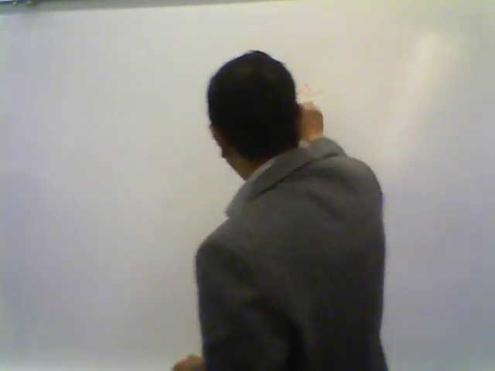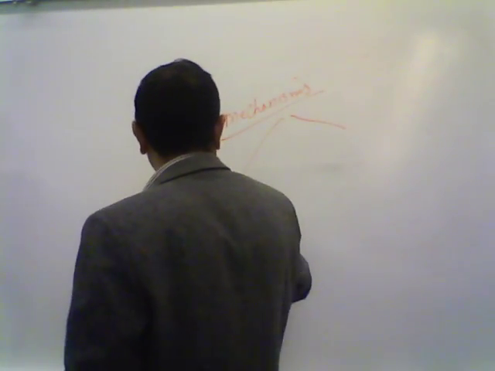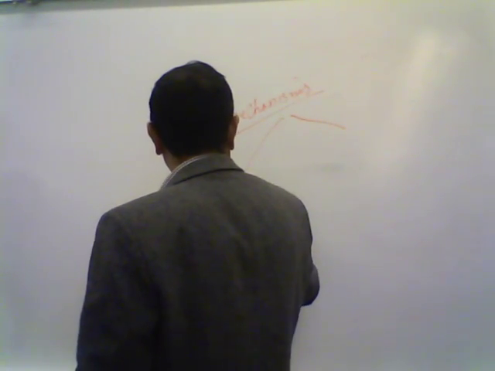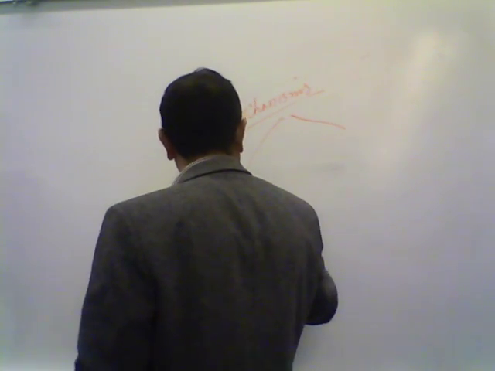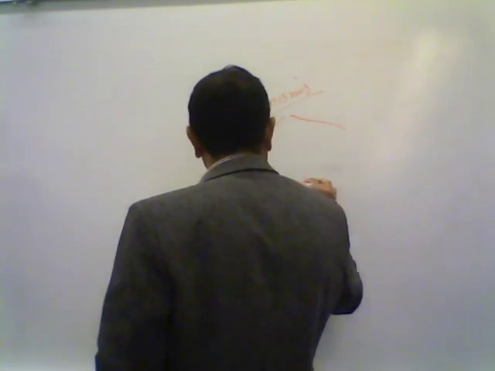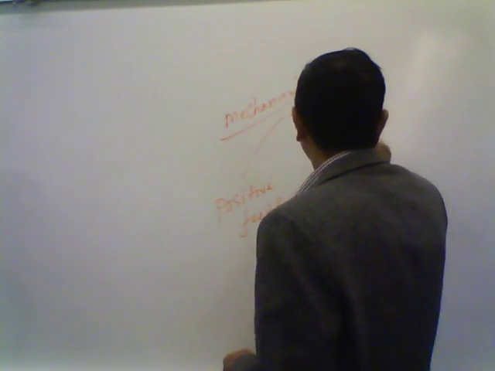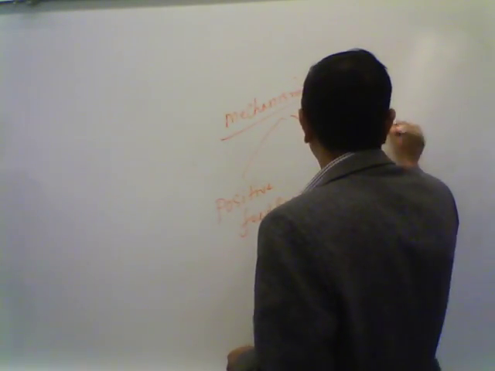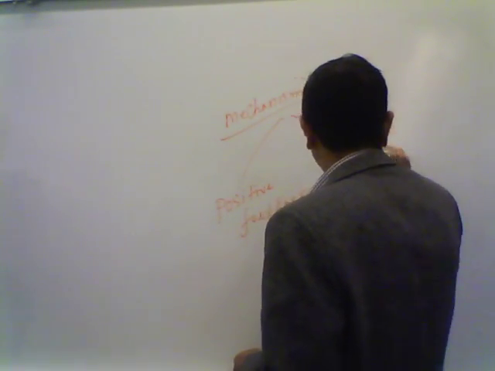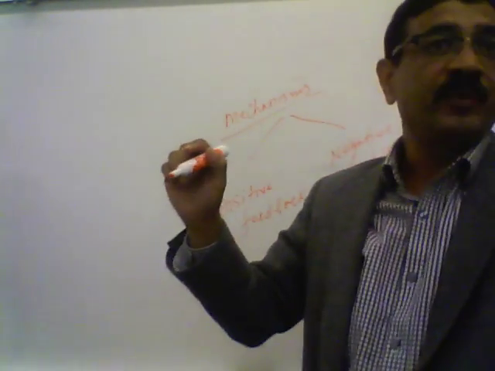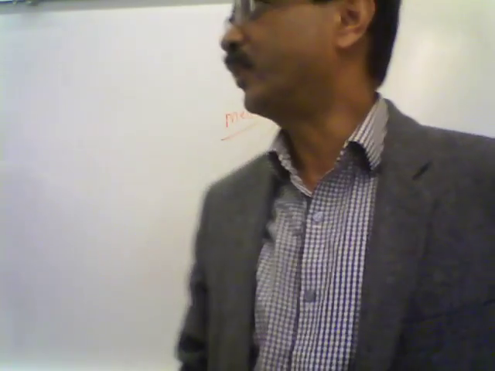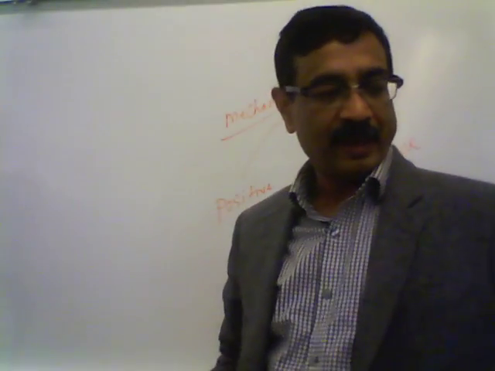Mechanisms of homeostasis are positive feedback mechanism and negative feedback mechanism. Okay, so those are two mechanisms of homeostasis, positive and negative feedback.